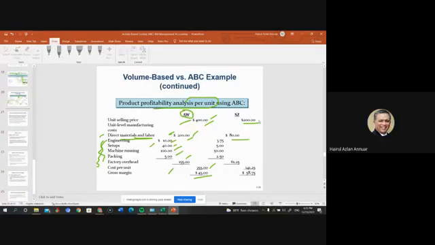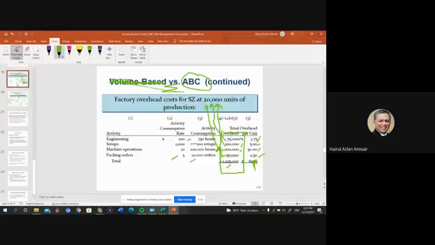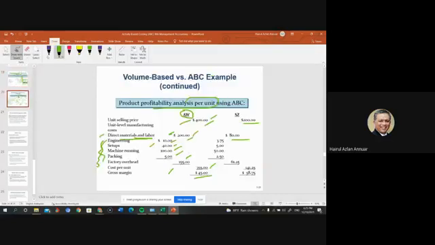So 200 selling price minus materials and labor. $200 minus material and labor minus the overheads. The overheads, there are 4 overheads. Why 4 overheads? Because 4 activities just now. So there are 4 overheads.